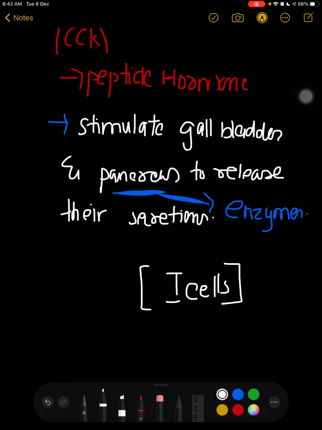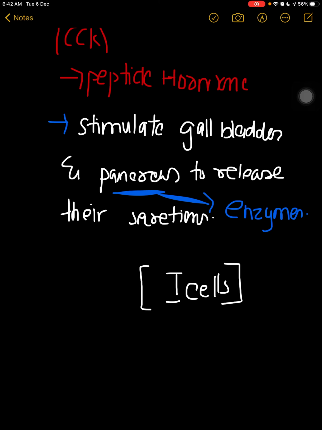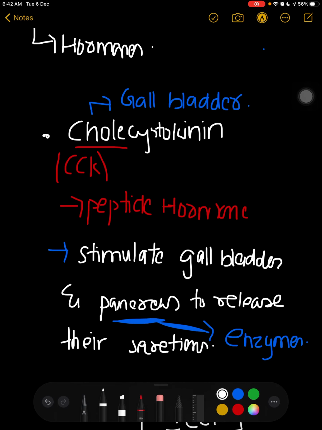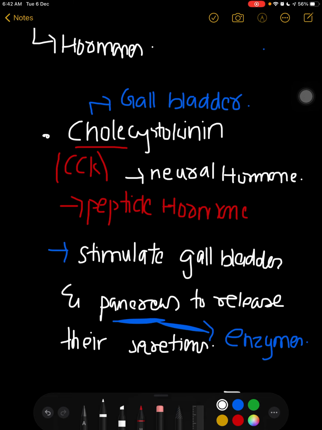So whenever the acidic chyme comes, a stimulus is sent to them to release their secretions, right? This was the work of cholecystokinin, and it is also known as a neural hormone.